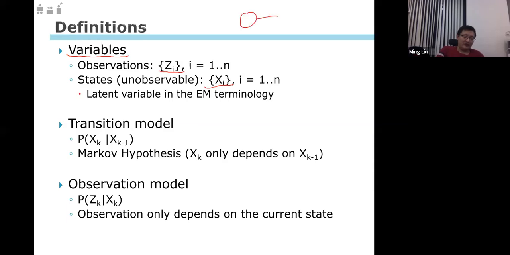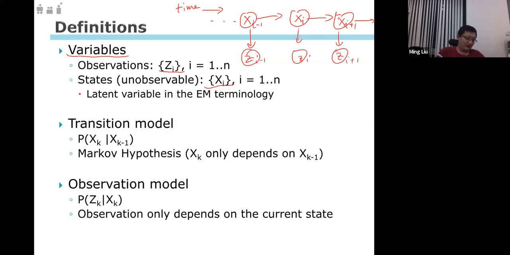So you see on my drawing previously, along time, you have random variables. Maybe this is x_i, this is x_{i-1}, this is x_{i+1}, and z_{i-1}, z_{i+1}. Right? So you can see you need some random variables.